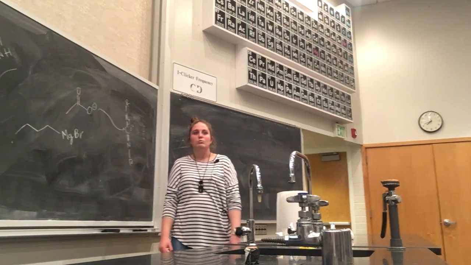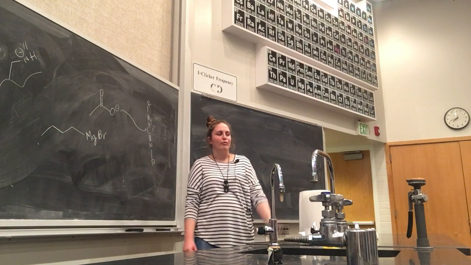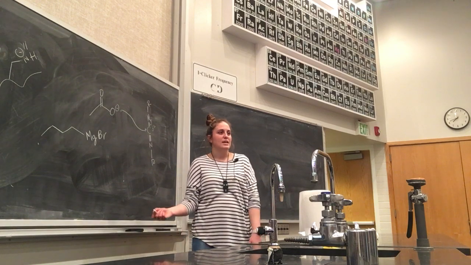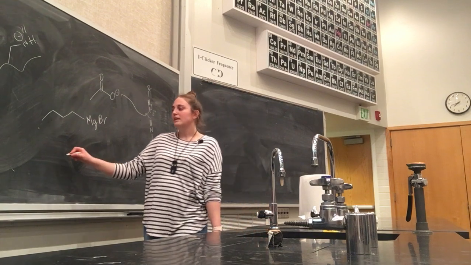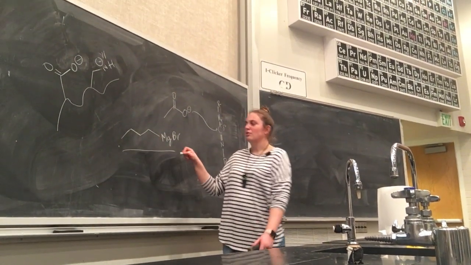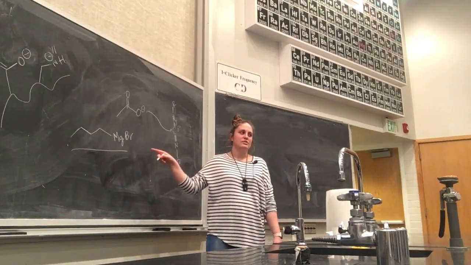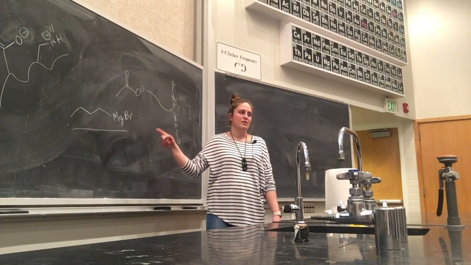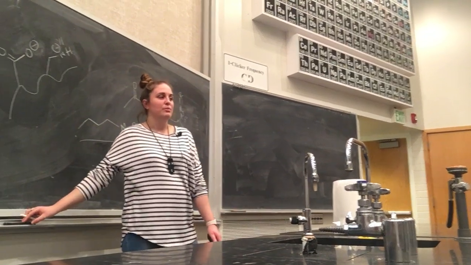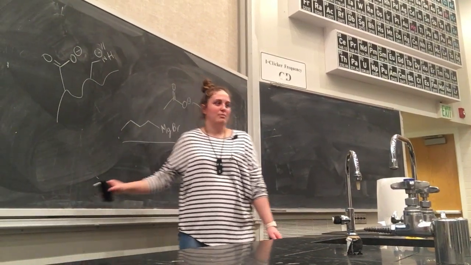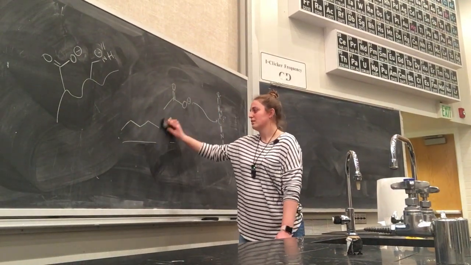You don't have to know the mechanistic steps for how to build these, but it would be helpful in synthesis. I don't think you'll need to know how to build this. If he wants you to use this in synthesis, he'll tell you how to make it. But this can be used interchangeably with the organolithium, so I'll just show you how to make that, because they do the same thing.